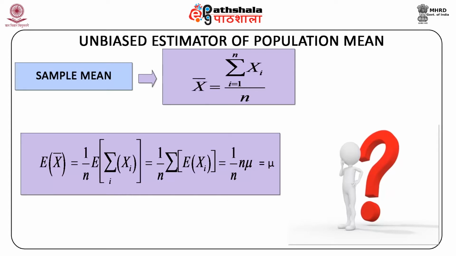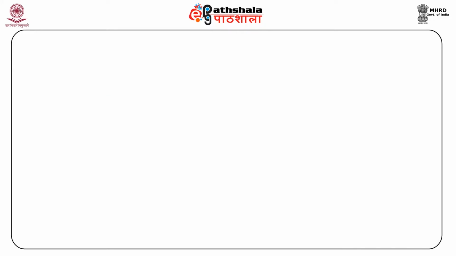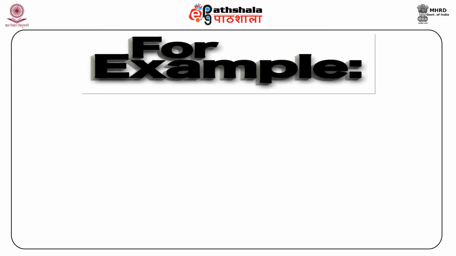The sampling distribution of the estimator x bar is centered at mu, although each and every sample may not yield a mean value of mu. In the long run, however, the expected value of x bar is mu. Let us explain with the help of an example.